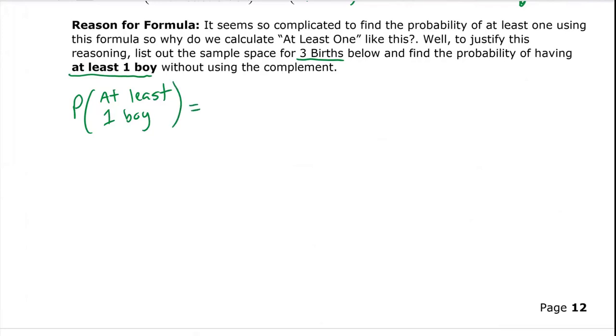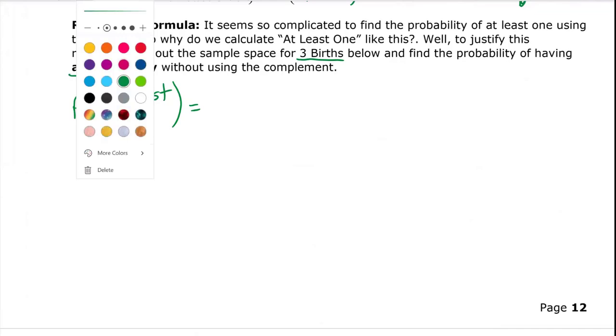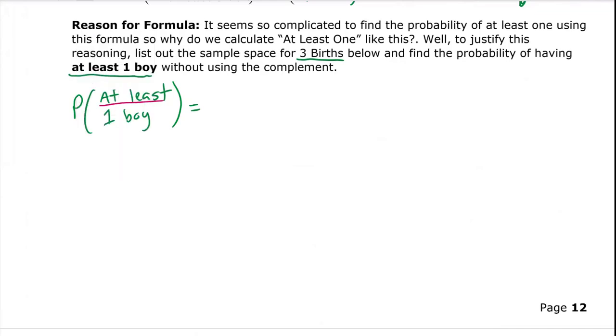Now, the way we want to do at least one, let me talk about this real quick. Like at least one boy. There's a lot of ways that at least one boy can happen with 3 births. And these are just some examples over here. You could have your first child be a boy, your second child be a boy, your third child be a boy.